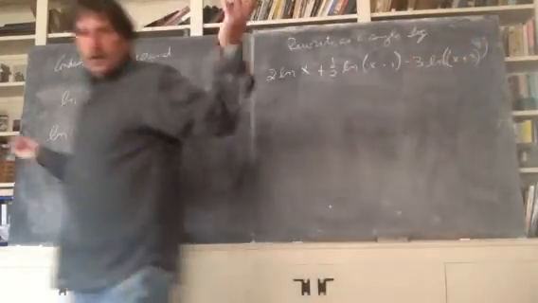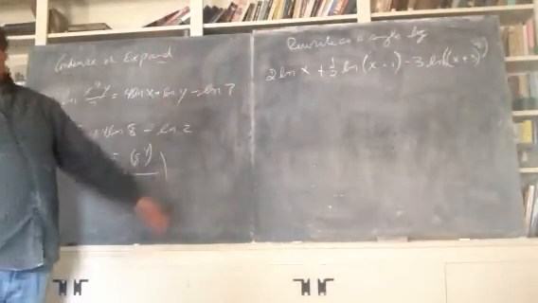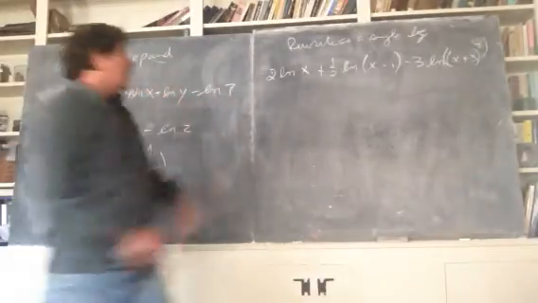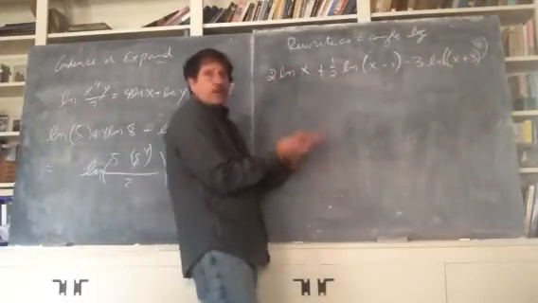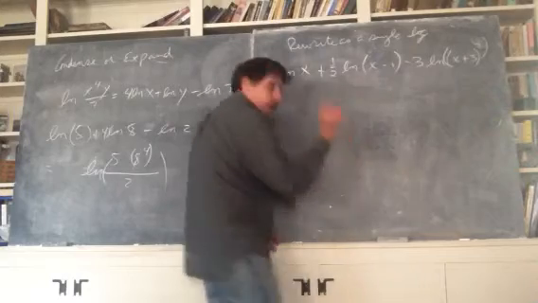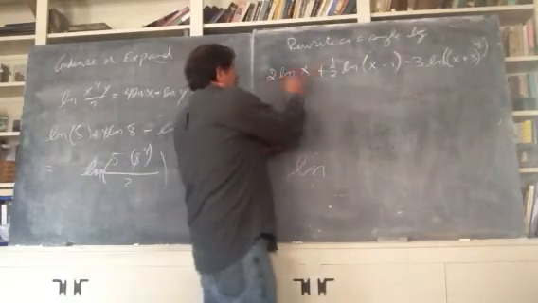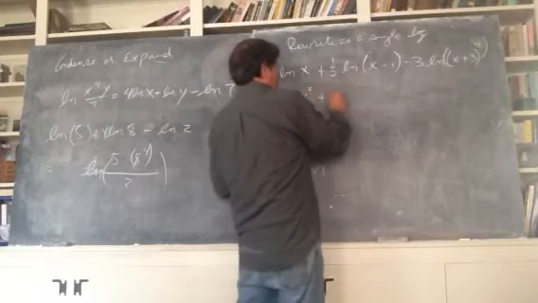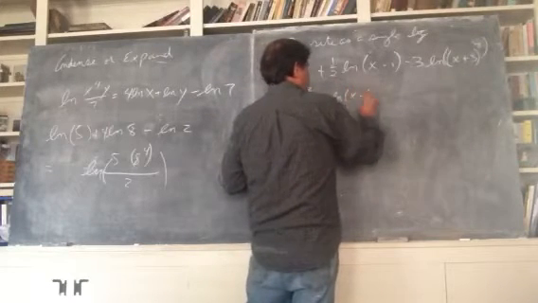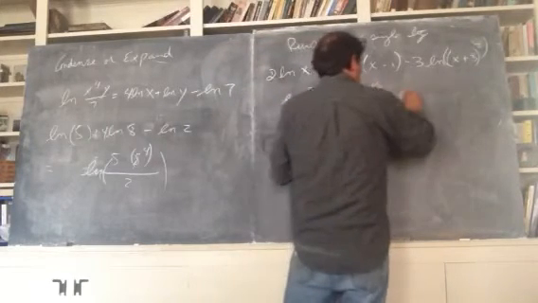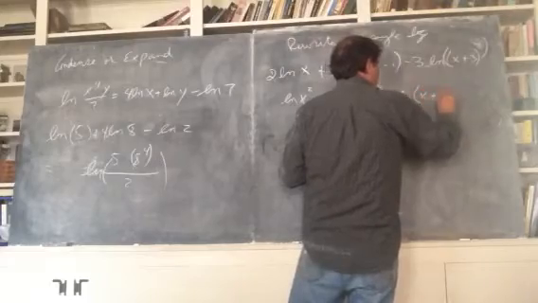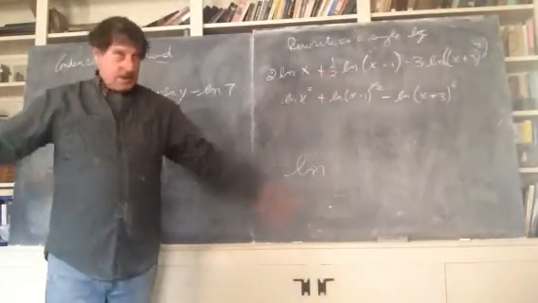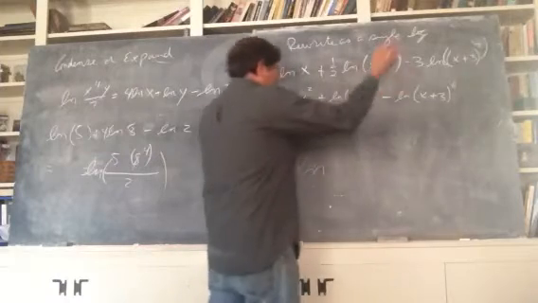On a test or quiz this is pretty easy to write, but on a board it's harder. I want to make it all into one ln. Let's deal with the powers first. This means ln x squared plus ln of x minus 1 to the half, minus ln of x plus 3 to the 6th. Now we're dealing with the plus and minus signs.